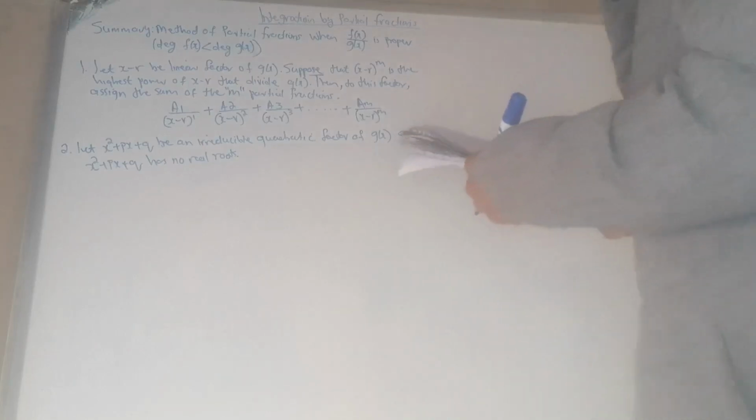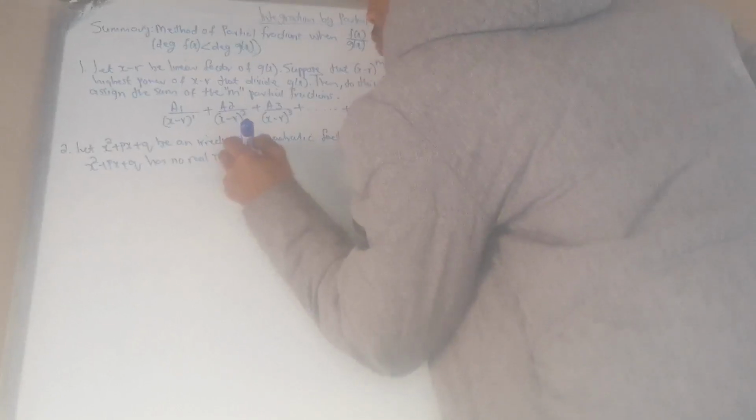If it doesn't have any real roots, it must have imaginary roots. If I let x squared plus px plus q be an irreducible quadratic factor of g at x, that is simply to say that it has no real roots; it has complex roots.